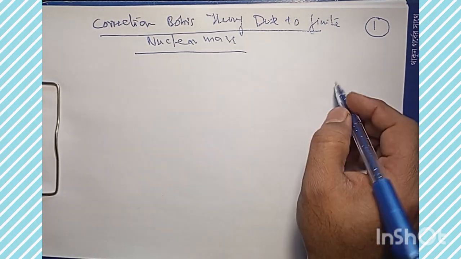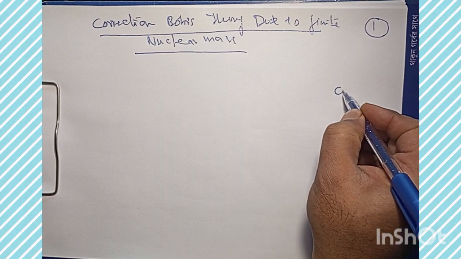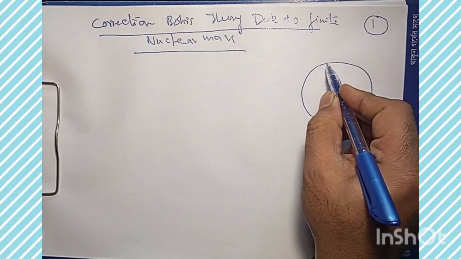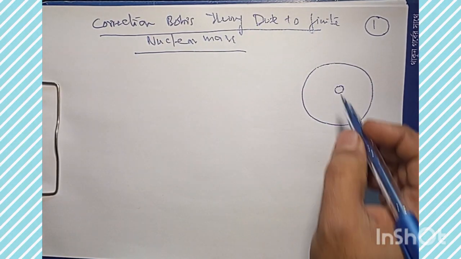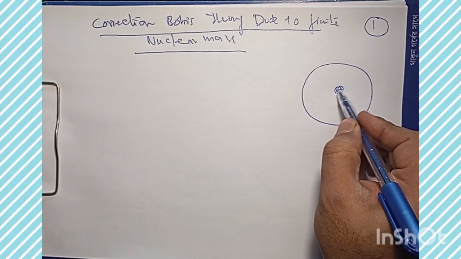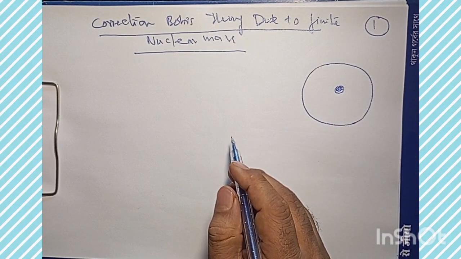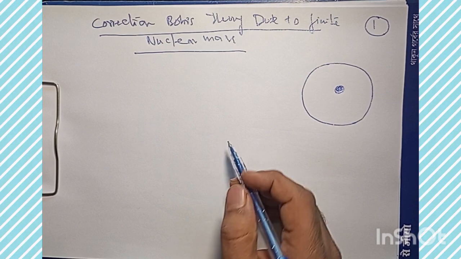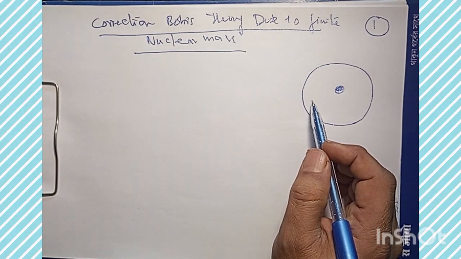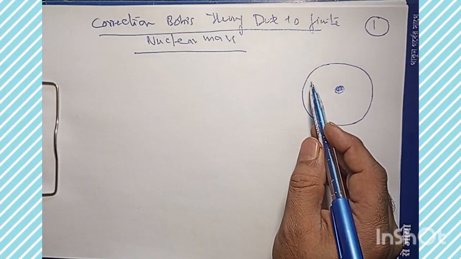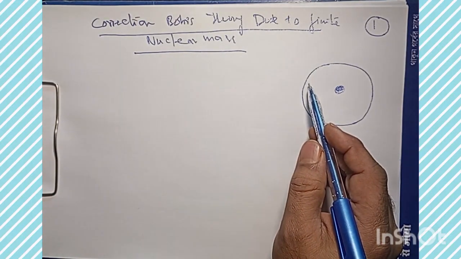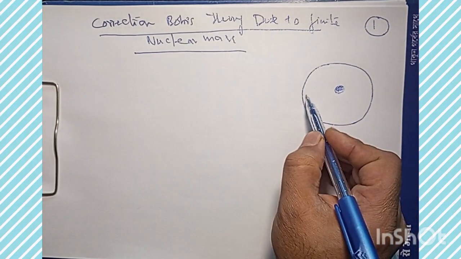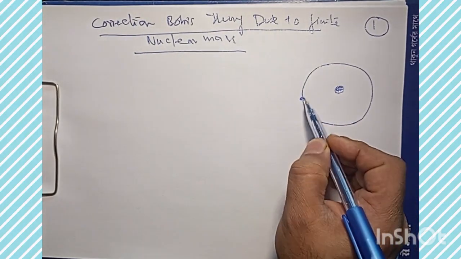So, what we considered in Bohr's model is an electron, and we didn't take into account the motion of the nucleus. Now, what we assumed here is that the nucleus is infinitely heavy relative to the electron, so it remains stationary while the electron circulates around it.